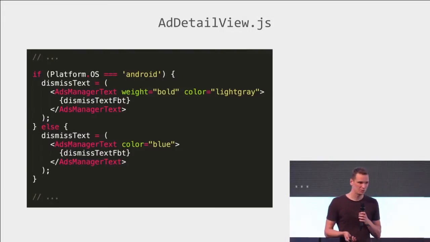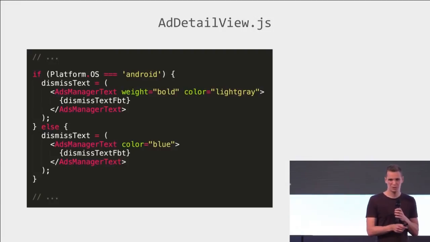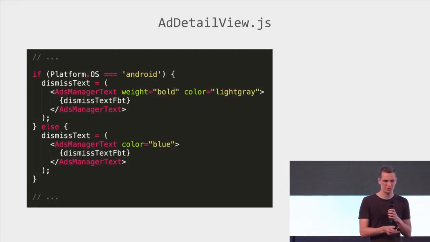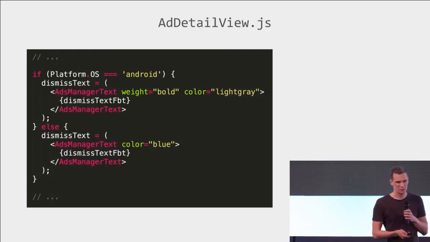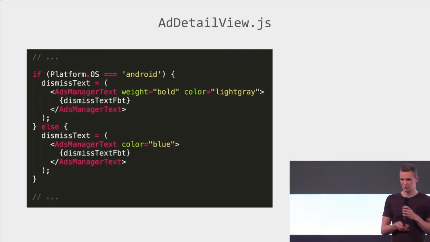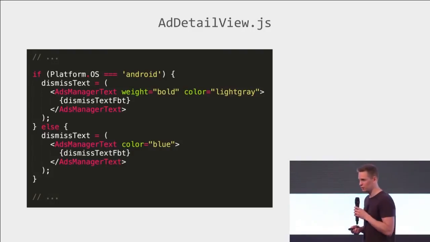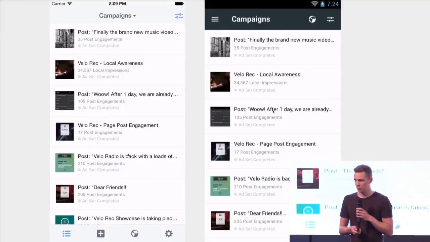How is it done? We just have one JavaScript file which defines this screen. And if you want to make some small platform-specific changes inside this file, you can still do that by checking which platform you're running on. Another way to split the code by platforms, to have JavaScript behaving differently on Android and iOS, I'll show here.